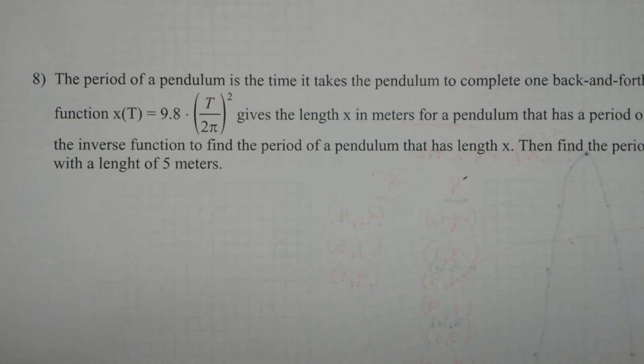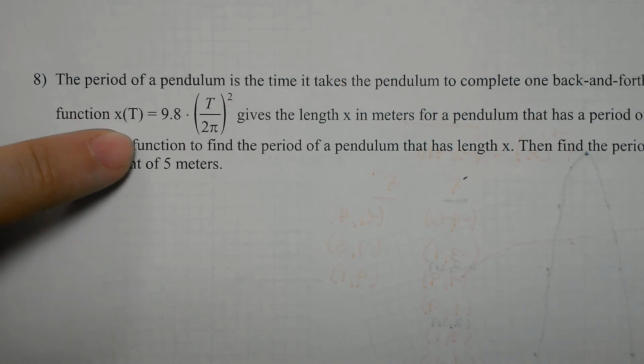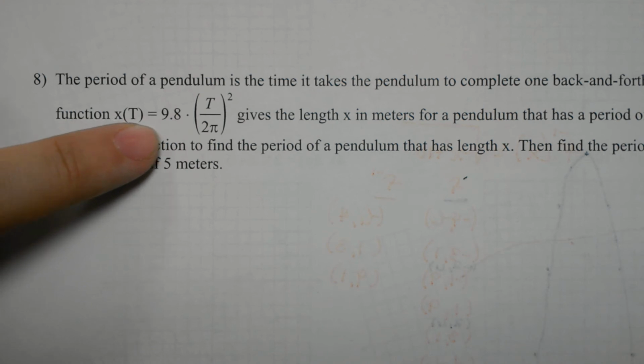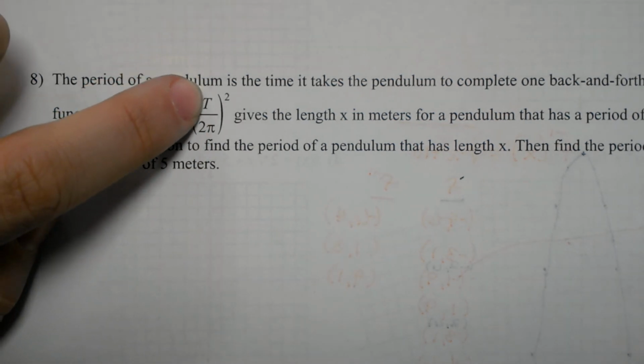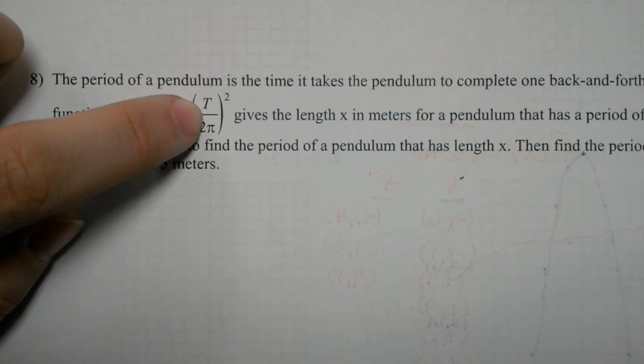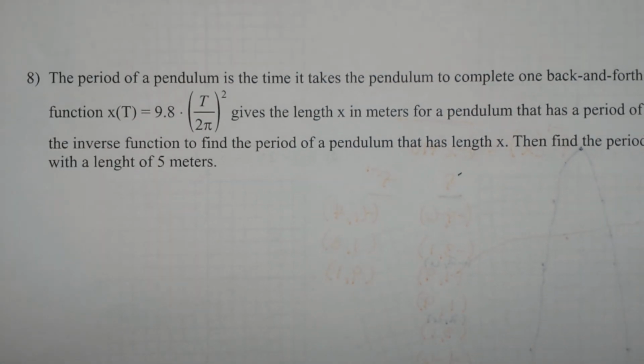Okay, number 8 is a word problem. It tells you that you have some function where its length of time gives you 9.8 times the period divided by 2 pi squared. So it gives you the period, which is in time, and you're supposed to find length. So I write that out.